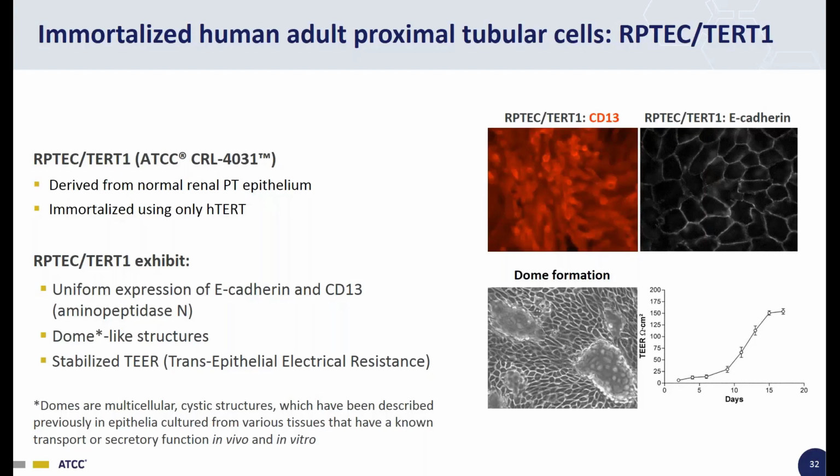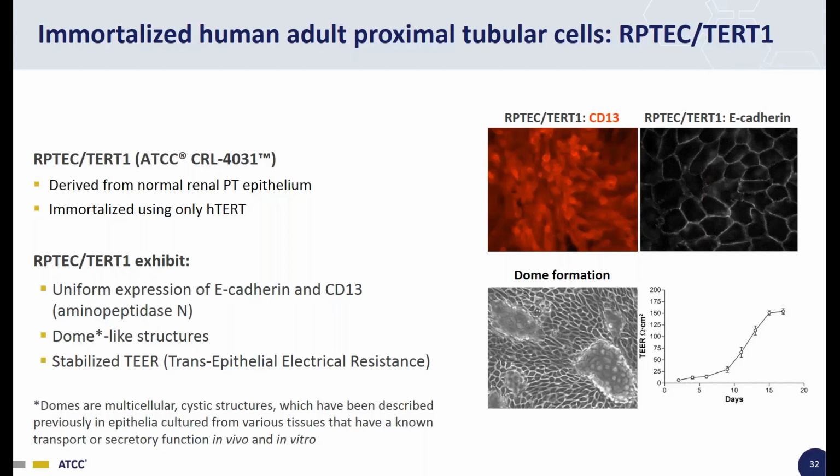These cells have been fully characterized, with uniform expression of E-cadherin and CD13, which is a resident renal protein. Importantly, it forms dome-like structures. Domes are multicellular cystic structures which have been described previously in epithelia cultured from various tissues that have a transport or secretory function in vivo and in vitro.